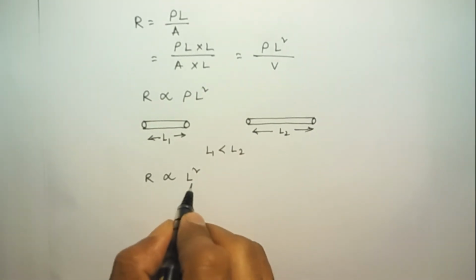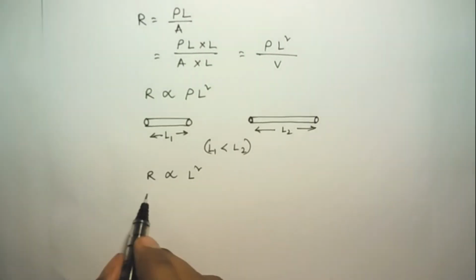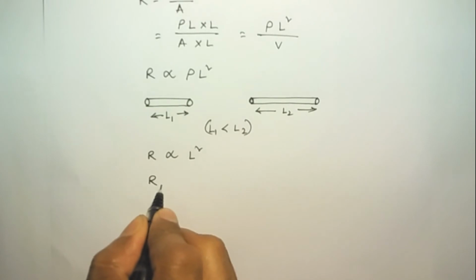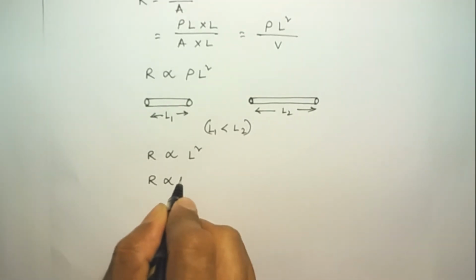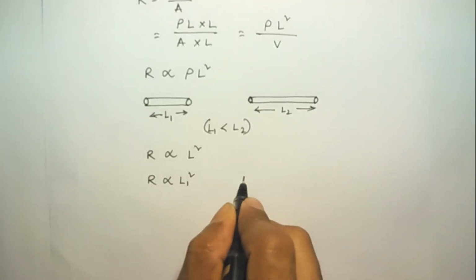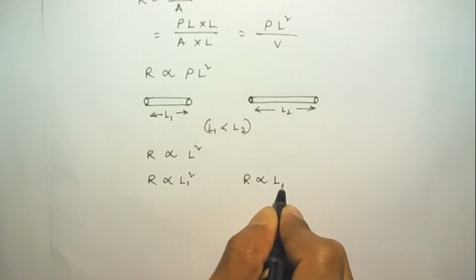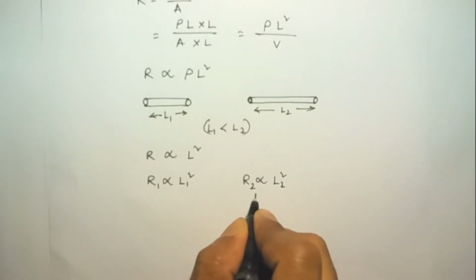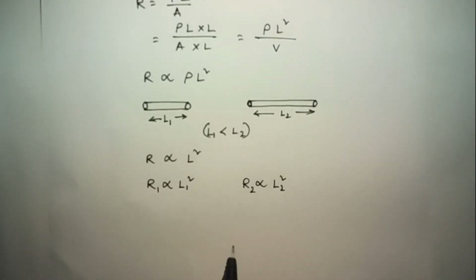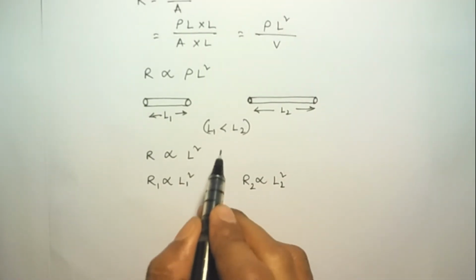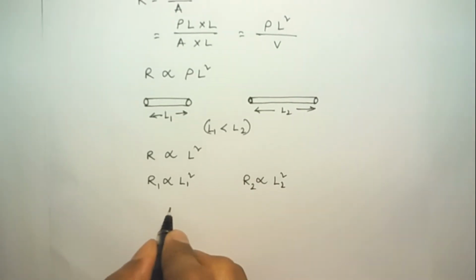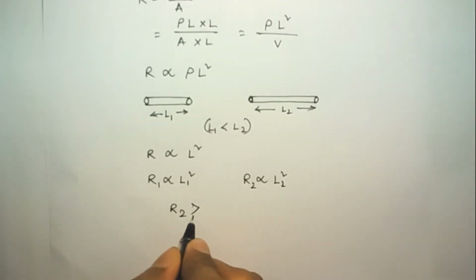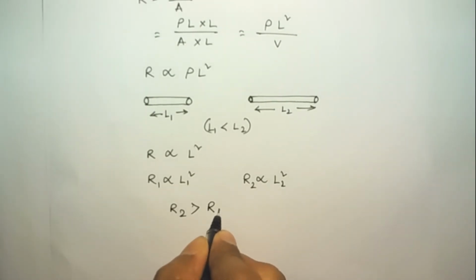Here R is proportional to L square, that means R is proportional to L1 square, also R is proportional to L2 square. This is R1 and this is R2. As L1 is lesser than L2, then R2 will be higher than R1.